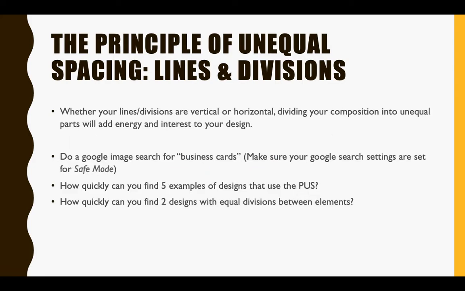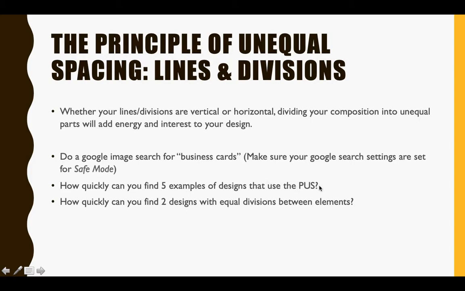So if you're watching this video right now, after this card, stop and do a Google search. What you want to do is first of all, make sure your Google search settings are on safe mode. And then just Google business cards, all right? And what you want to do, first of all, is can you find 5 examples of designs with the principle of unequal spacing?